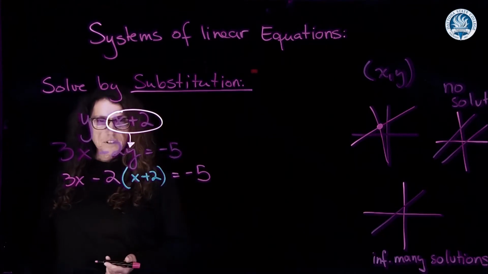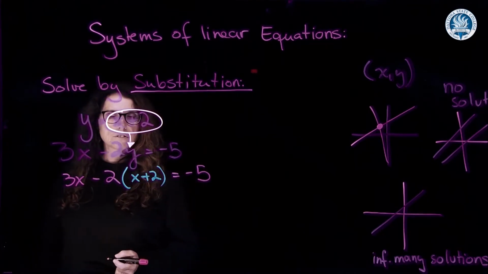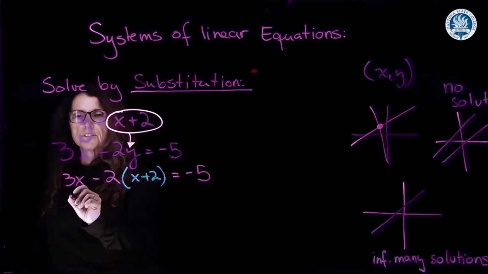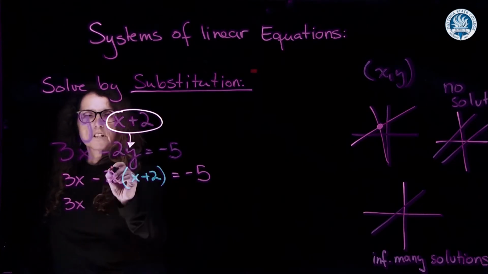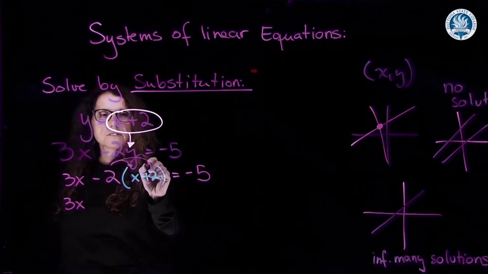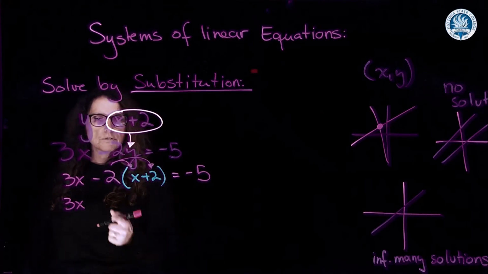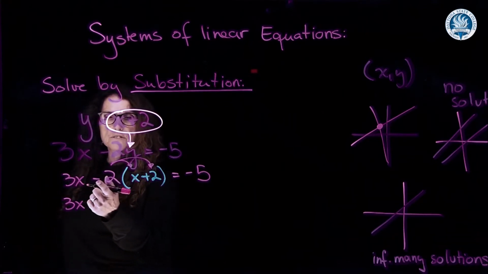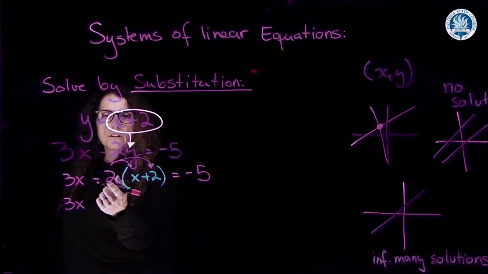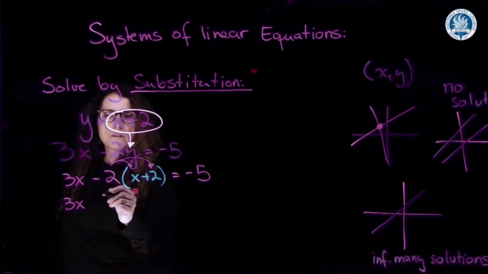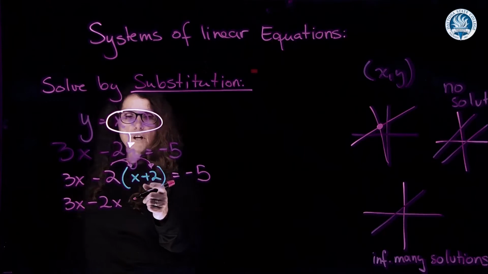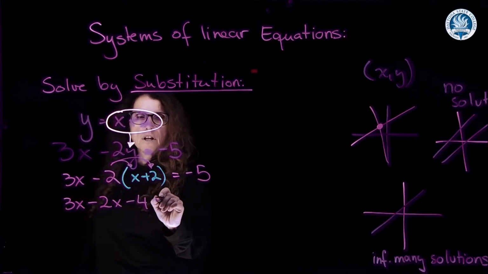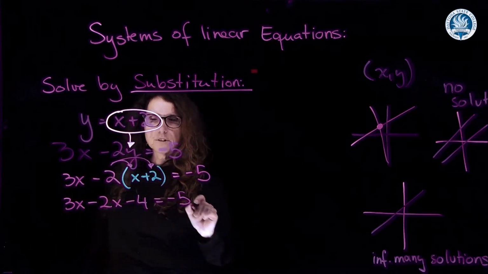Now we solve this equation by our conventional equation-solving rules. We need to clear the parentheses and distribute the 2, but don't forget this is a minus 2, so we can just look at it as negative 2 times x, which is minus 2x, and negative 2 times positive 2 is negative 4, equals negative 5.